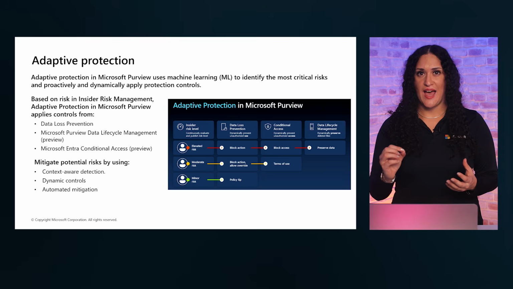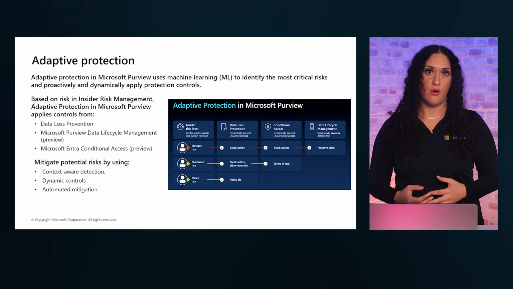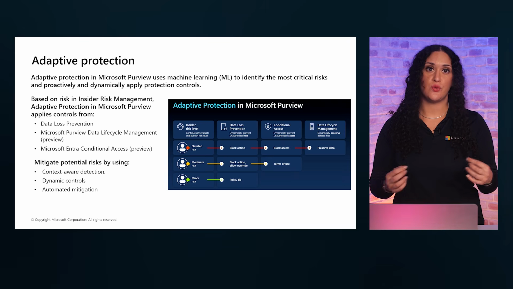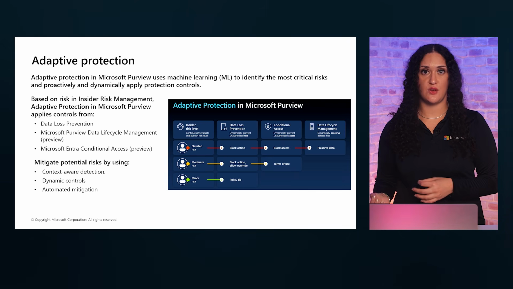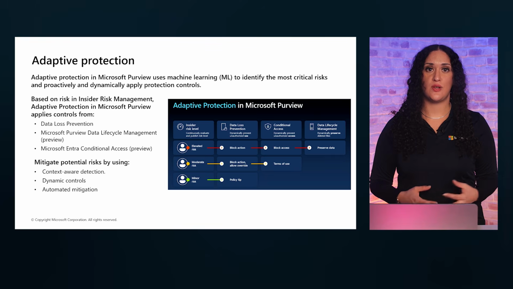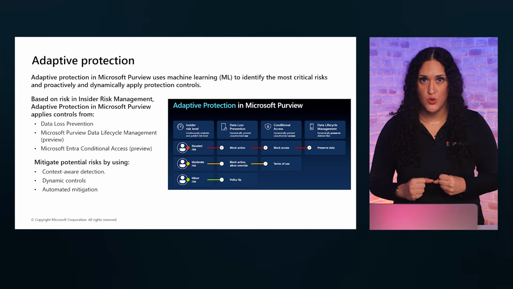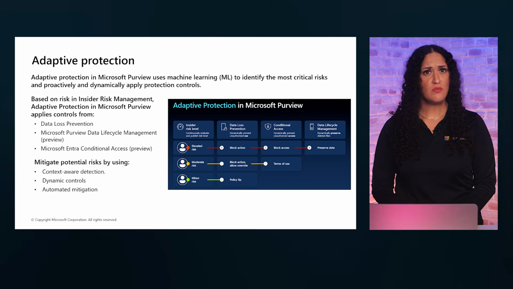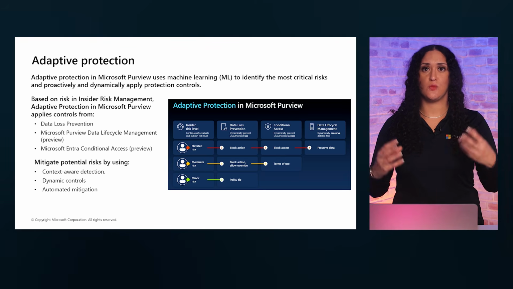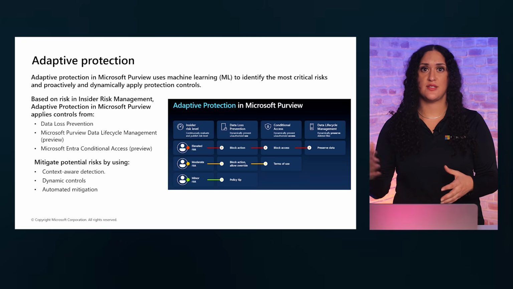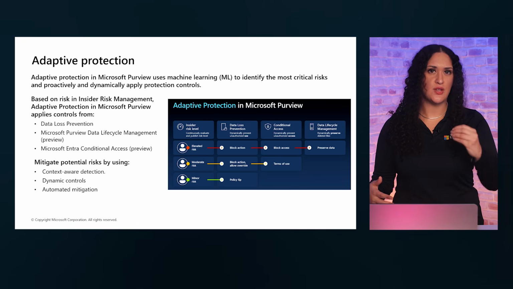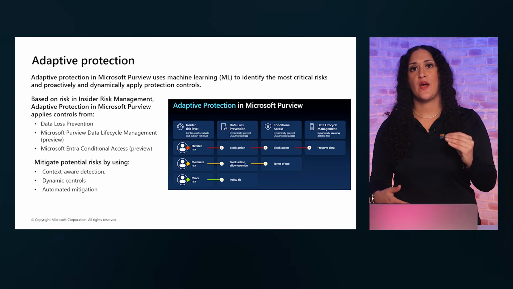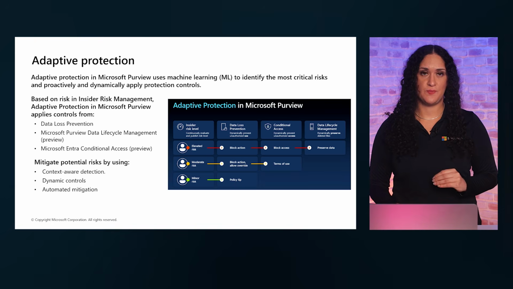When a user is flagged as elevated, moderate, or minor risk, Microsoft Purview can automatically adjust controls from data loss prevention, data lifecycle management, and conditional access to reduce the exposure while still allowing work to continue. So what this means is you can block risky actions like sharing sensitive data or accessing certain apps only where the risk justifies it.